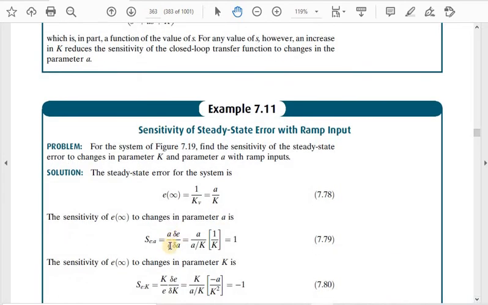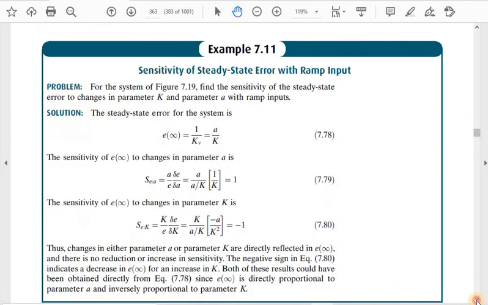Look here, a divided by error times the derivative of error with respect to a: a divided by a by k, so a cancels out and it becomes k here. Now take the derivative. When I take the derivative of this term with respect to a, it becomes 1 over k. When I put in the answer, it becomes 1. So the sensitivity of error to change in parameter a is 1, and now let's assume the sensitivity with respect to k, it becomes minus 1.